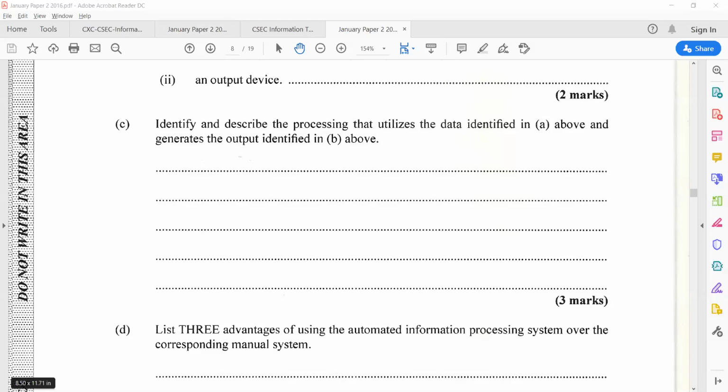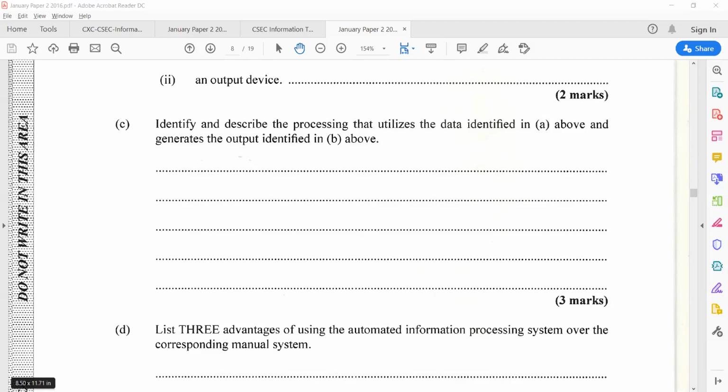The ATM would then verify that the user has that amount of funds available, subtract that from the existing amount of funds available, and then dispense the amount of money the user asks for. Right? So something very important about this particular question, this is 3 marks, so you have to put substantial information in your answer.